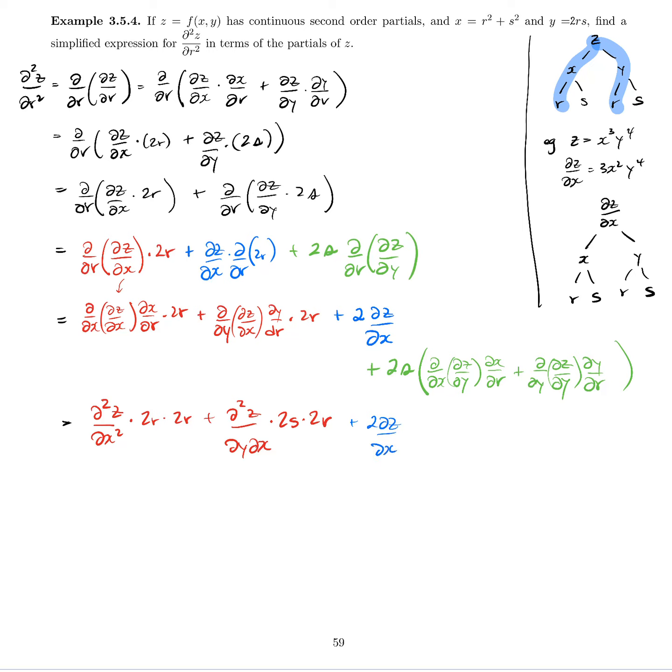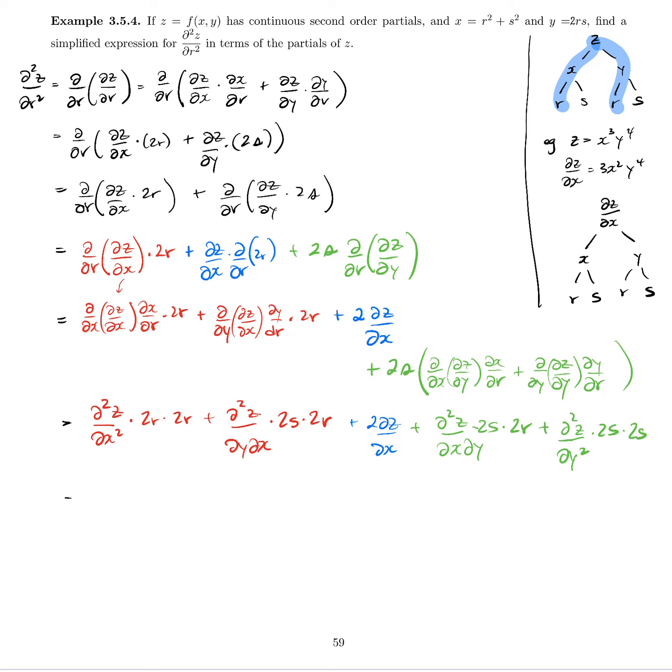And then we can go and multiply through our 2s's into each term while cleaning these up. So we are going to have plus ∂²z/∂x∂y times 2s times, and this we can evaluate again, ∂x/∂r is 2r, plus ∂²z/∂y² times the 2s that we've multiplied in times ∂y/∂r, which is again 2s.